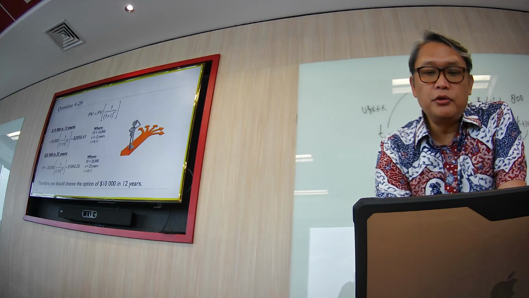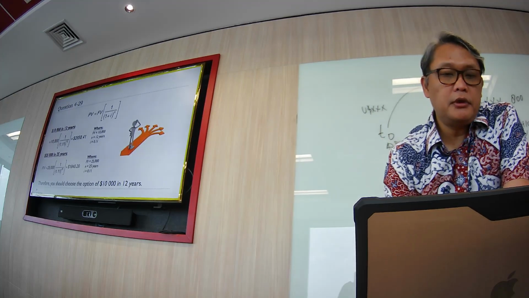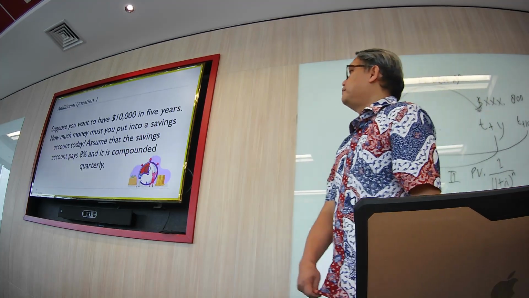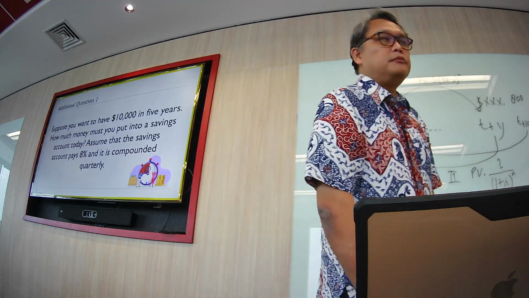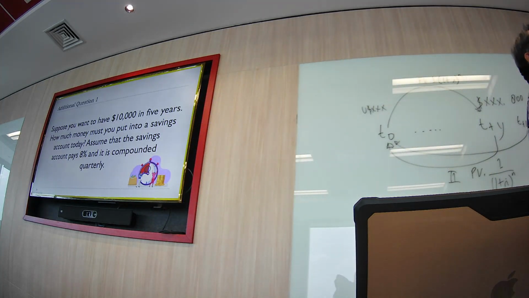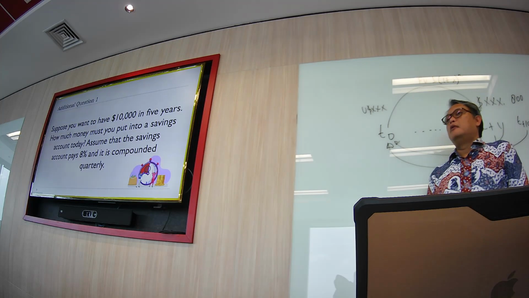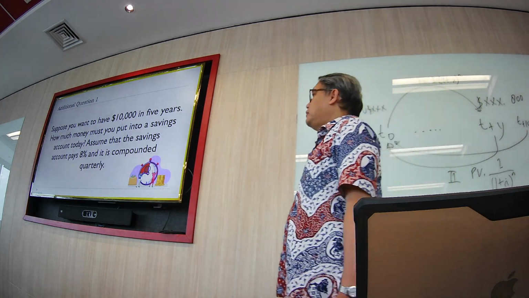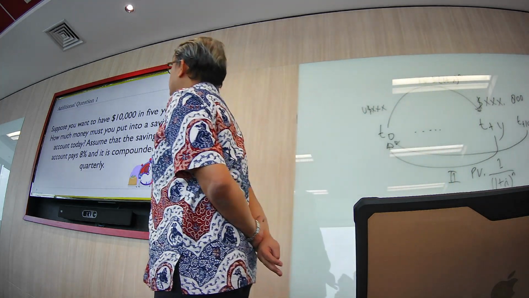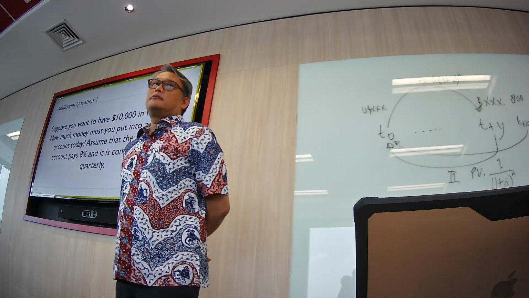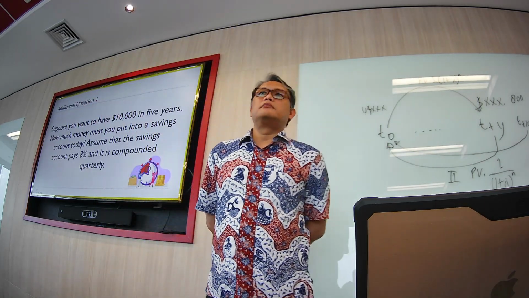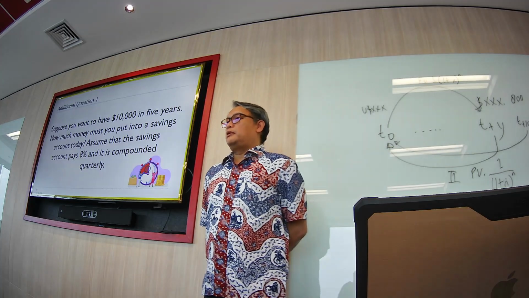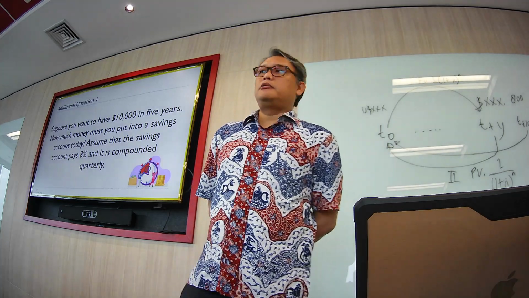Now I'm going to twist the question a little bit like this. This is still the present value. 10,000 in 5 years, compounded quarterly.